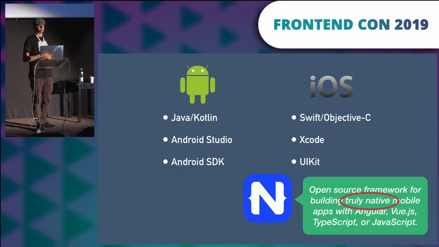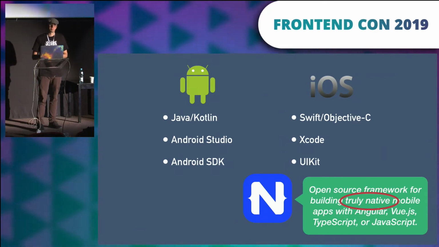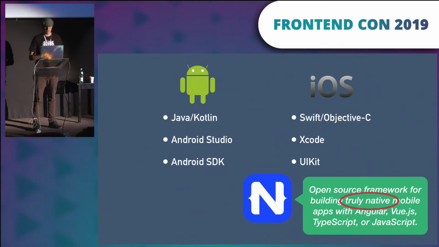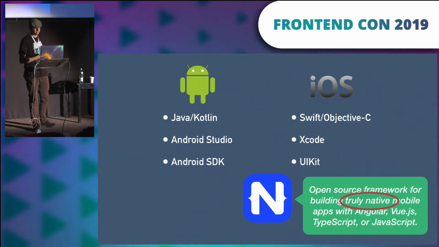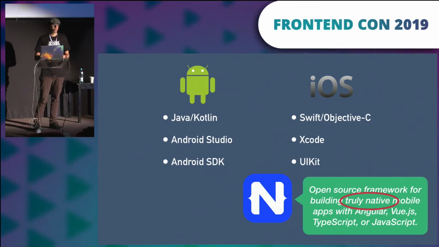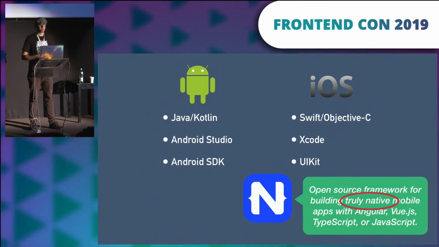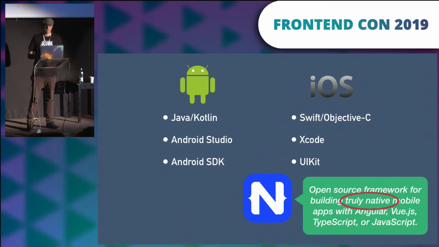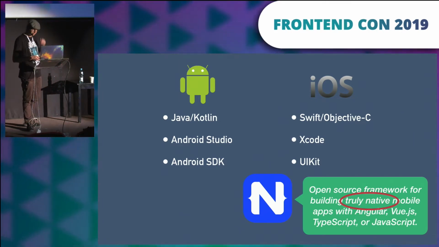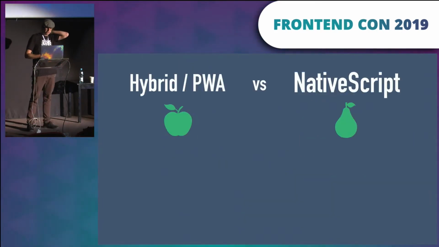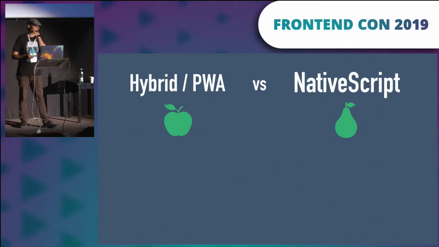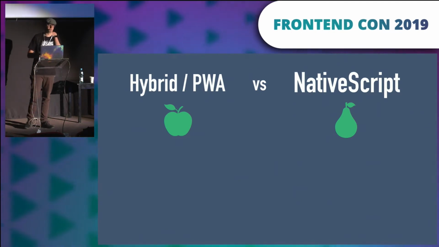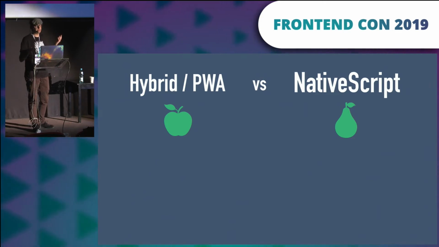but also there are currently community efforts for a React version and a Svelte version, and they are both working right now. They both have documentation, so it's worth checking out. So, continuing with NativeScript, how does it compare to a normal hybrid?